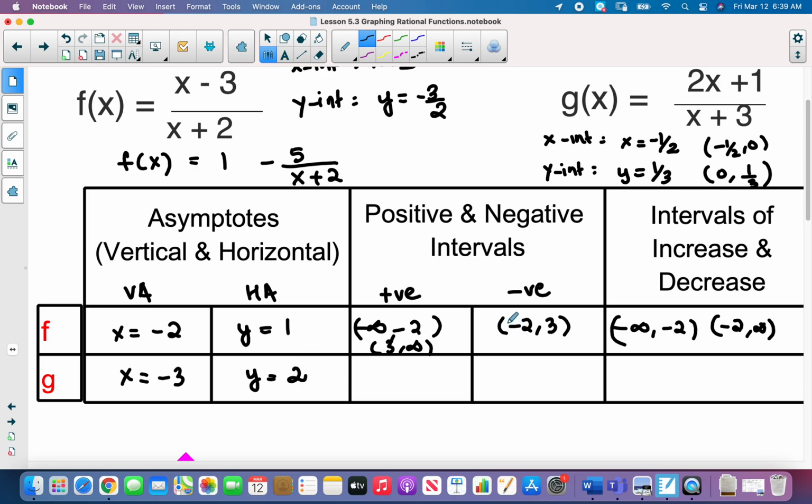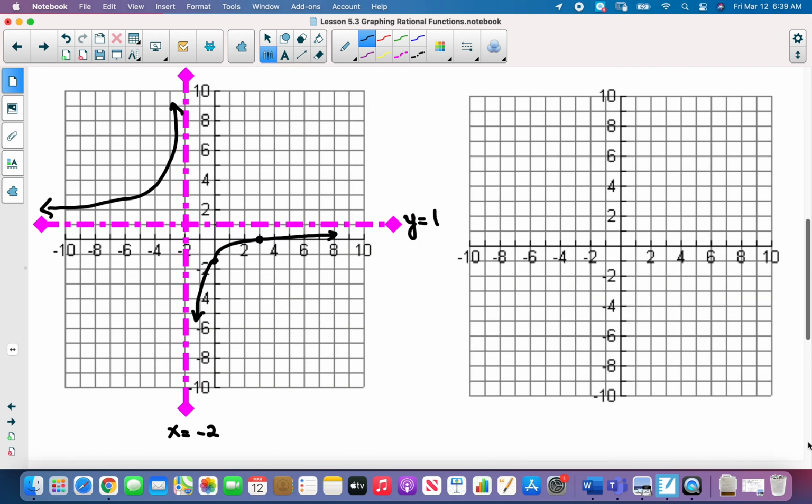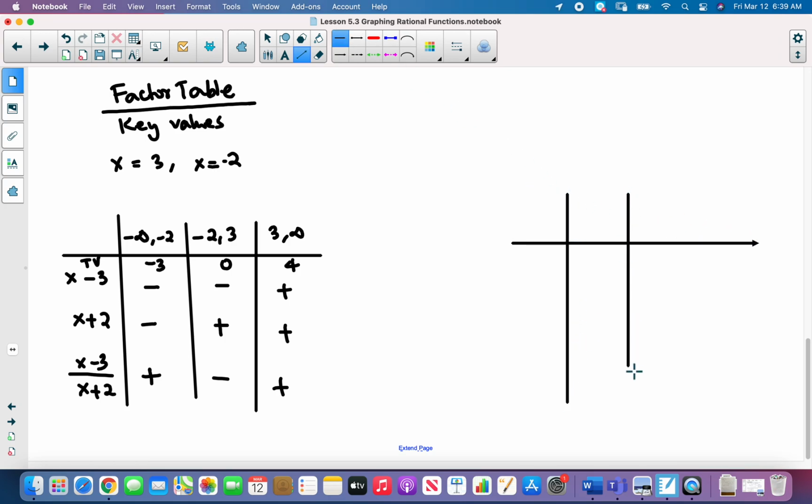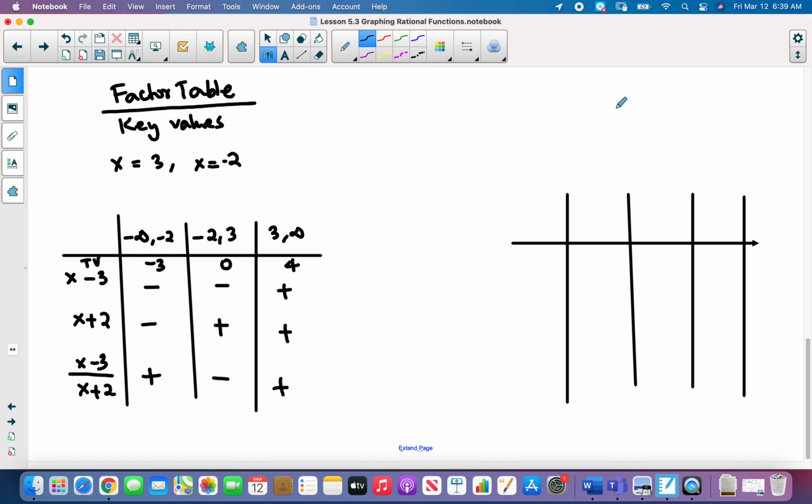And to find the intervals where it's positive and negative, we're going to do a factor table like we did here. So let's do that. We're going to take our key points for this one, the x-intercept, which is -1/2, and our asymptote, which is -3.